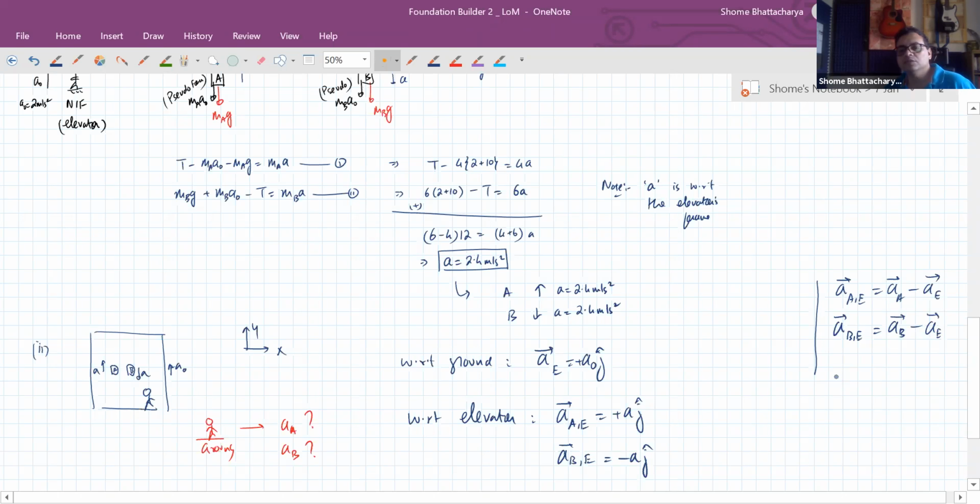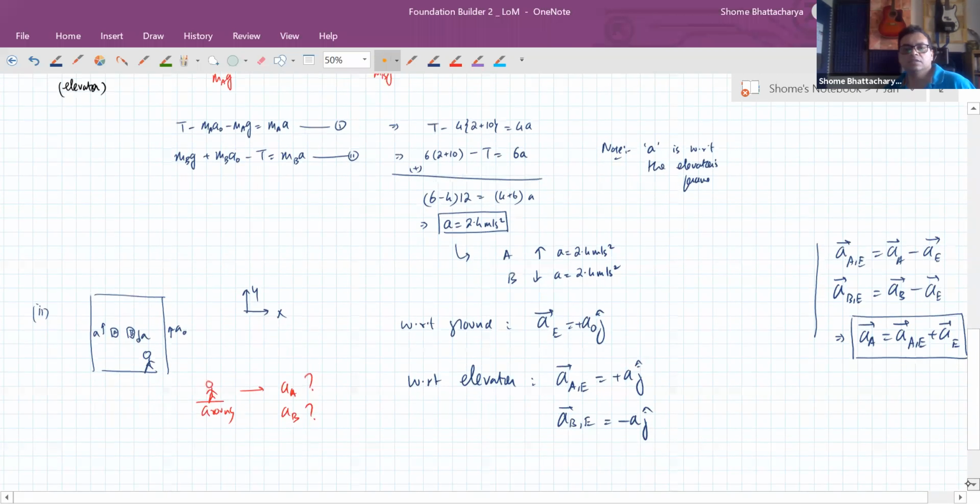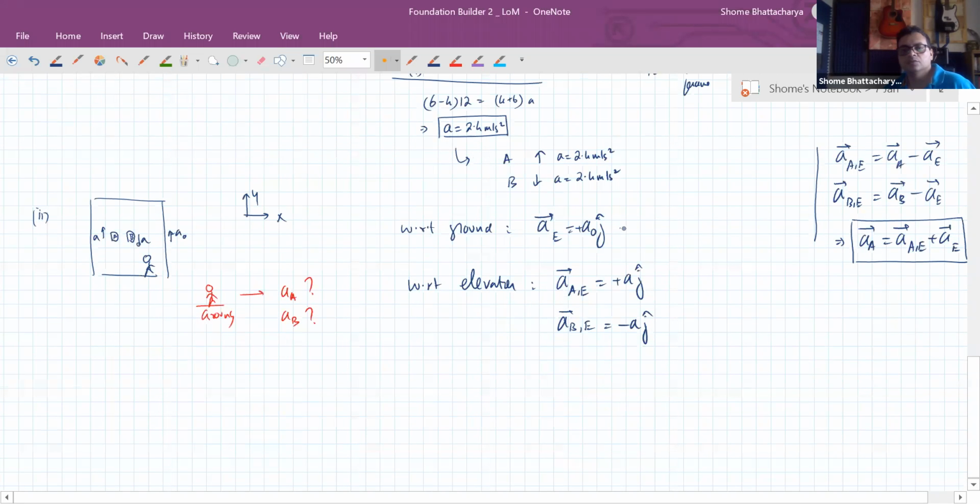So if you invert these equations, it just means that acceleration of A, for example, is the relative acceleration plus the acceleration of the elevator. So this equation and a similar equation for B we'll use. Okay. So now we can see that in the ground frame, so this is plus 2 j cap in meters per second square. This is plus 2.4 j cap.